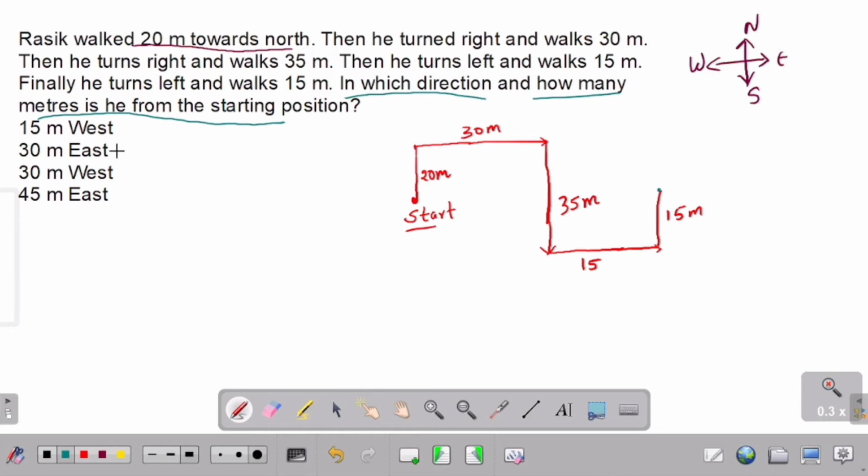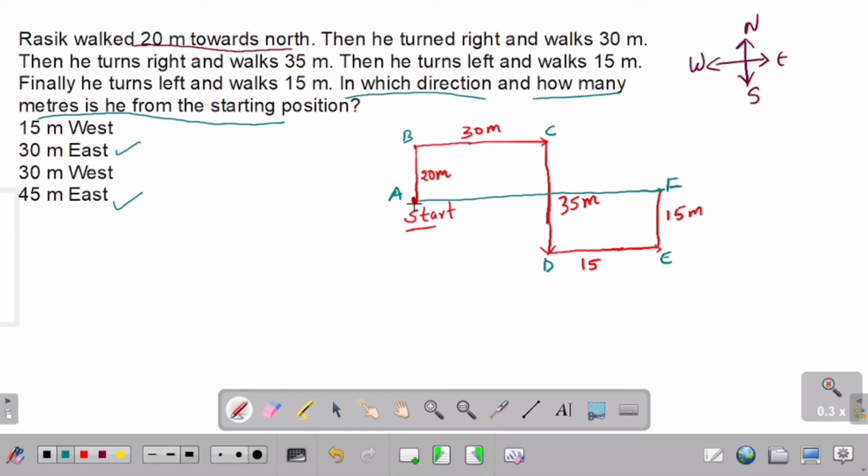The answer lies between these two. Okay, he is in the east direction, right? Now see, we need to find this distance. Suppose here A, consider this is B, this is C, this is D, this is E, this is F. Now here we need to find the distance AF.